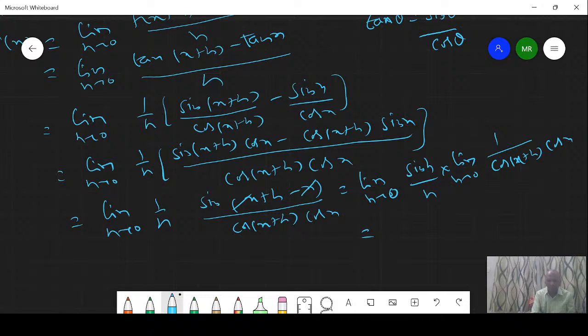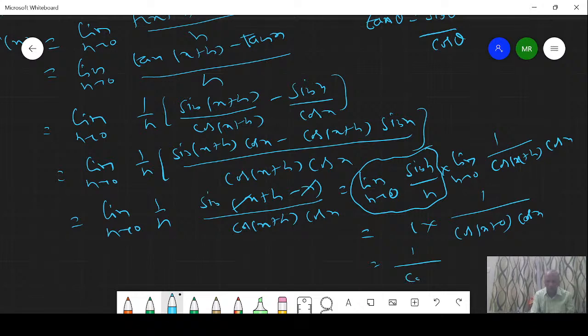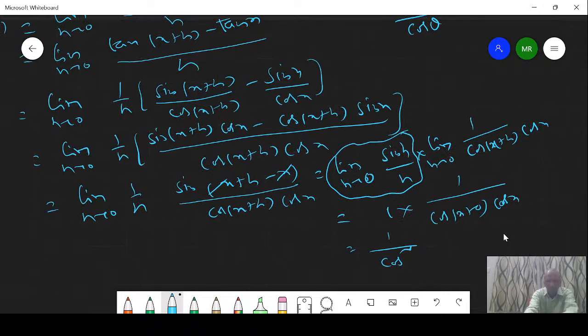If I apply the limit, sin h by h is 1, we know this formula. Applying the limit for the other part, cos of (x plus 0) into cos x, because h approaches 0. You will get 1 by cos square x, which is equal to secant square x.